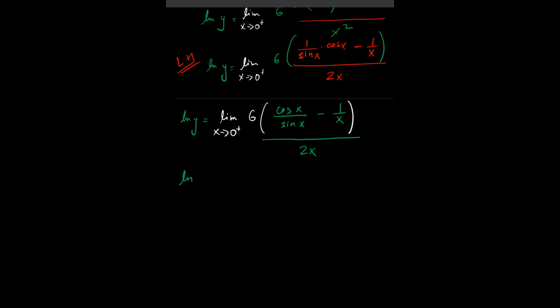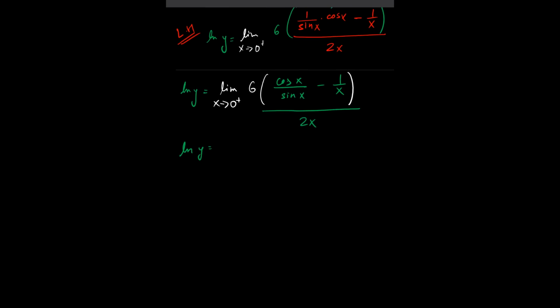Let's go ahead and try to clean up the numerator so we can do our LCD and so on. So we have natural log of y equals the limit as x approaches 0 from the right of 6 times, okay, the LCD for the numerator is x sine of x.